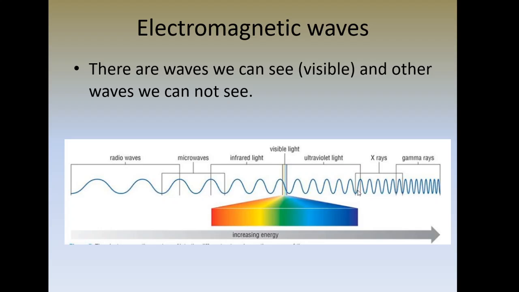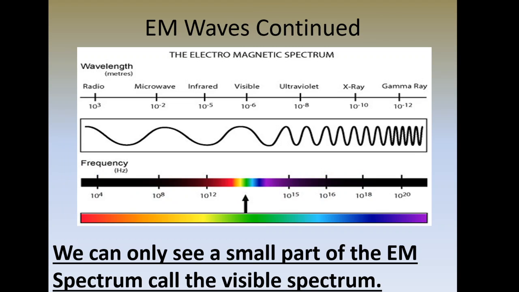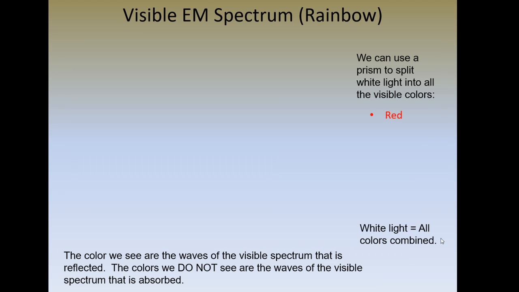We are just going to work here in the visible light, because that is what we can see and experience. We can only see one very tiny small part of the EM spectrum called the visible spectrum. And we view it as different colors, and those different colors have different frequencies and different wavelengths. Okay?